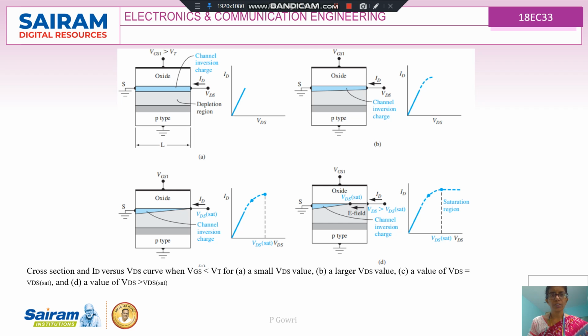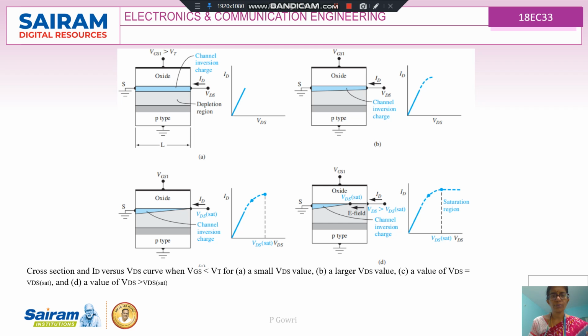VGS is used to change the operation, or I can say it is used to change the depletion region, or the channel, formed in the device. When VGS is greater than the threshold voltage VT, the device results in the formation of the inversion layer.